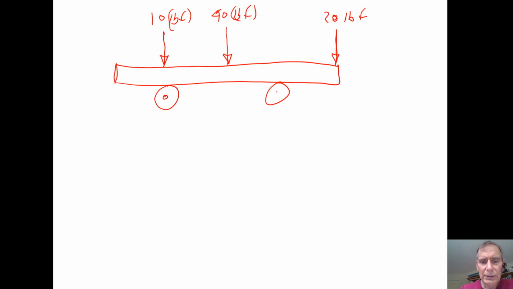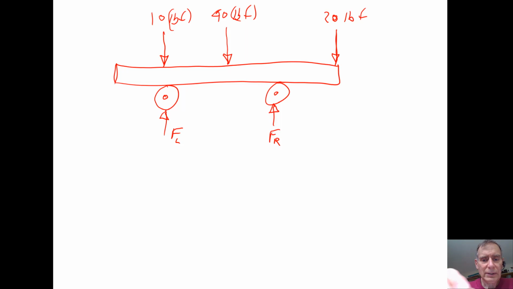If we wanted to determine the force on the wheels, the normal force, I'll call this FL, and this force over here FR, left and right. In a free body diagram, of course, you need to have distances.